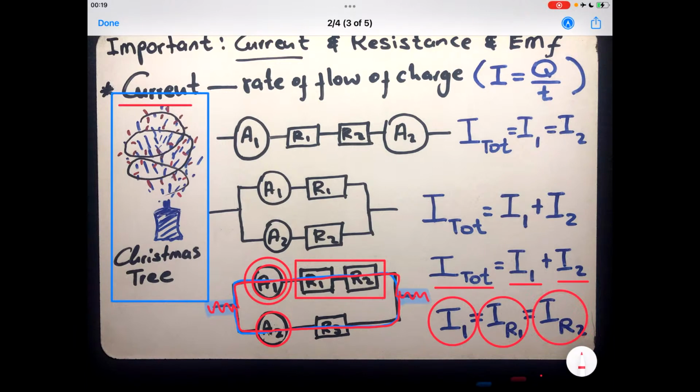It is as easy as that. Do not complicate it that much. Just always remember that in this case we are talking about the current, which is measured in amperes.